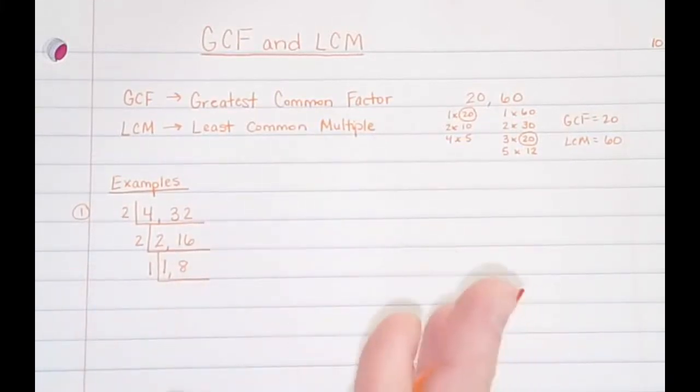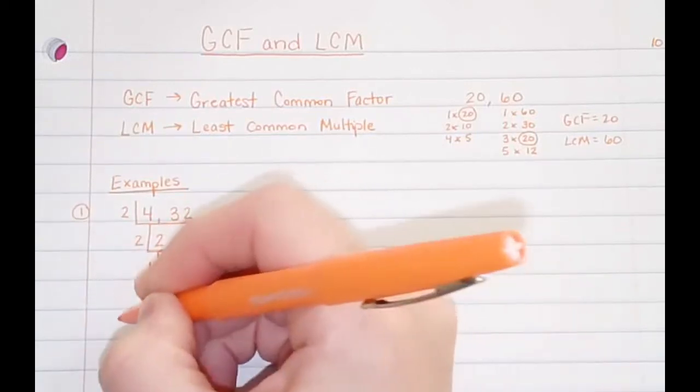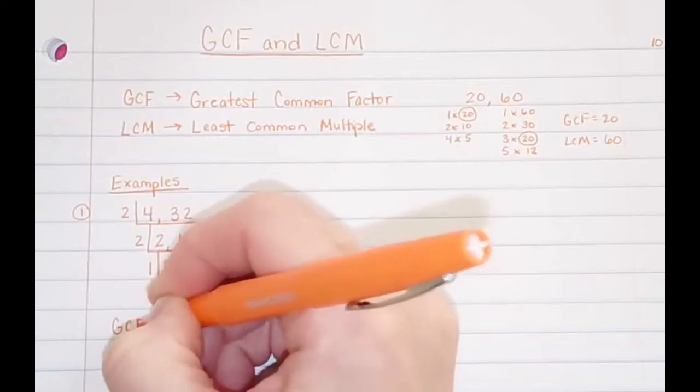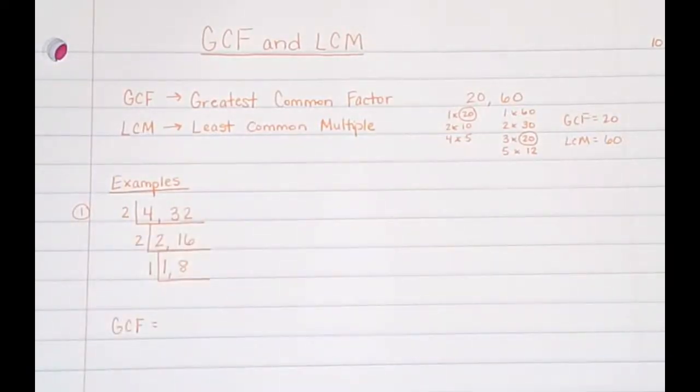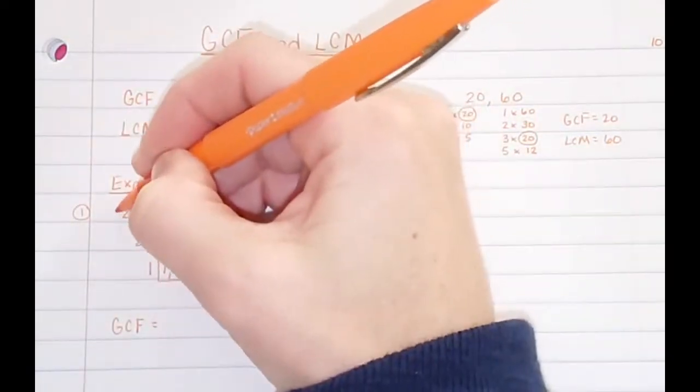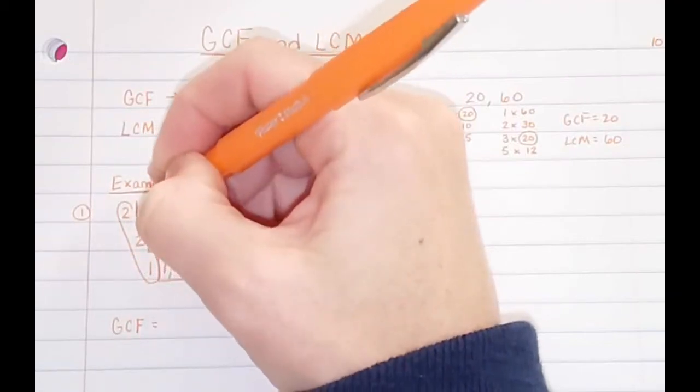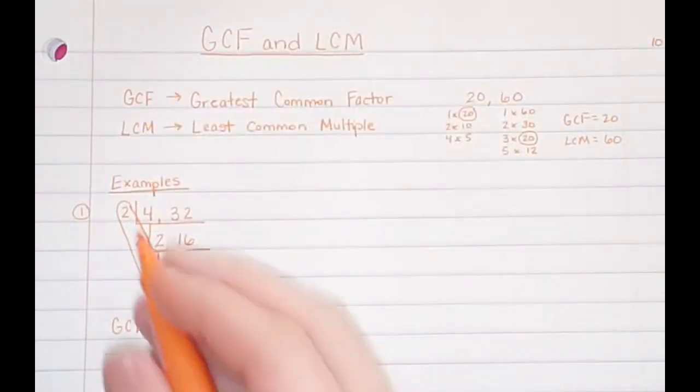So here's what you do for GCF. To find the GCF of 4 and 32, all you have to do is multiply the numbers on the side right here. 2 times 2 is 4, 4 times 1 is 4. So my GCF is 4.